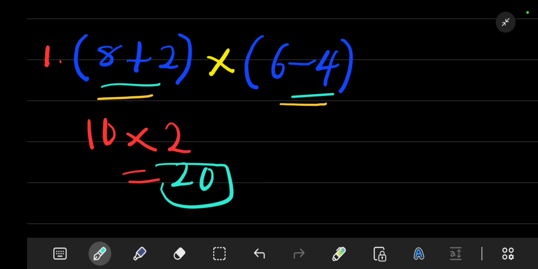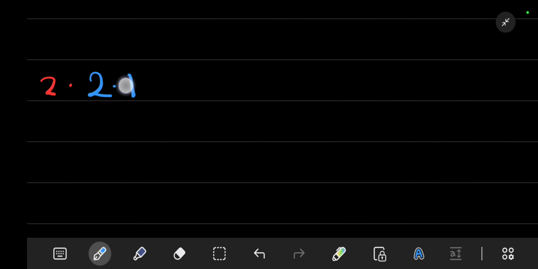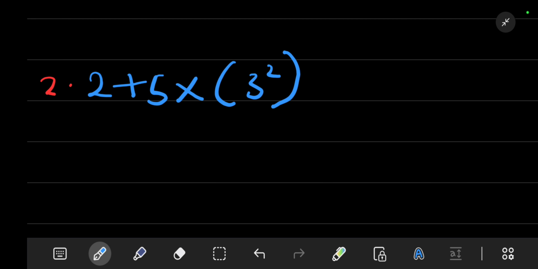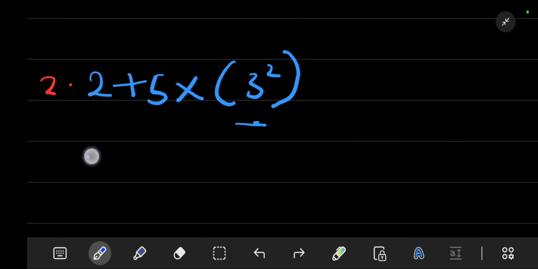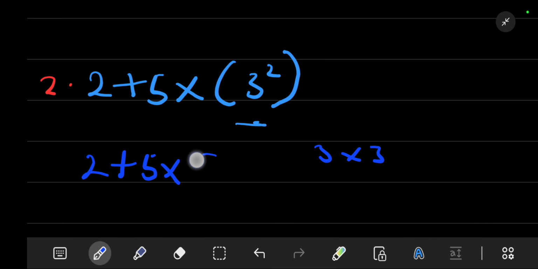So next question, we have 2 plus 5 multiplied by (3) to the power of 2, squared. Therefore, we rewrite this down. Then we should solve for 3 squared, and 3 squared simply means 3 times 3, and 3 times 3 equals 9.